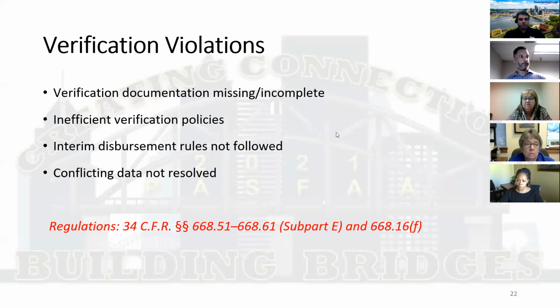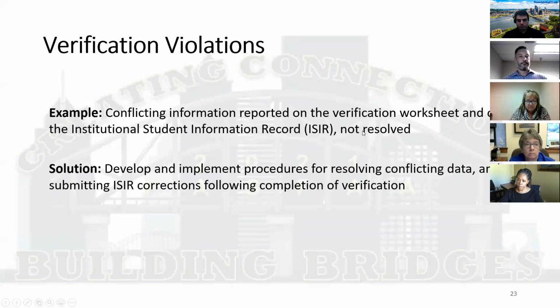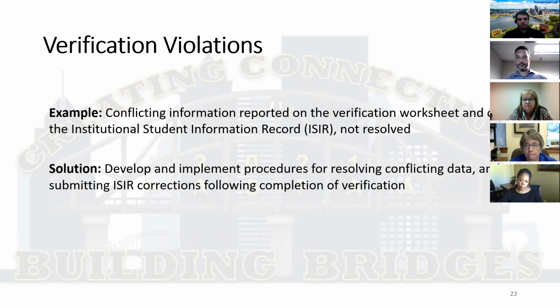So information that's maybe different on the tax return from the ISIR or in your verification worksheet. An example of this would be conflicting information that was reported, like I said, on the verification worksheet that didn't match the ISIR, the institutional student information record.